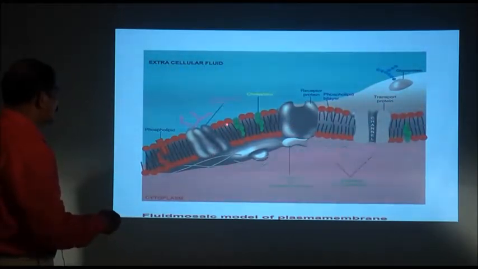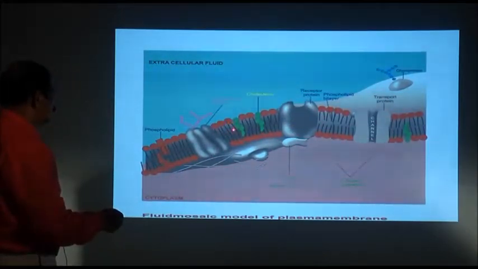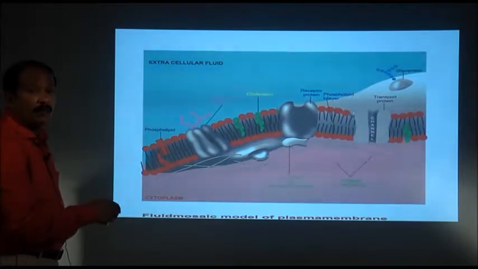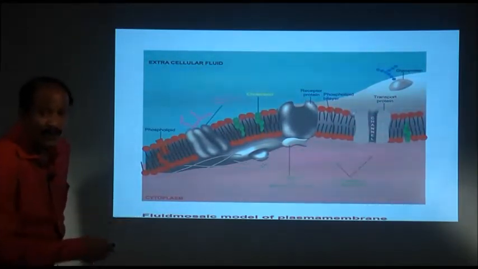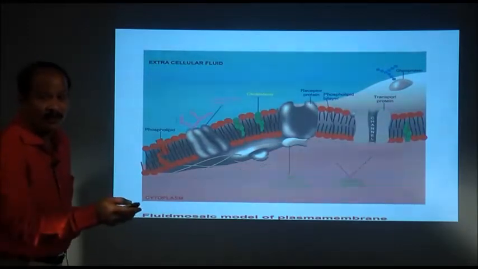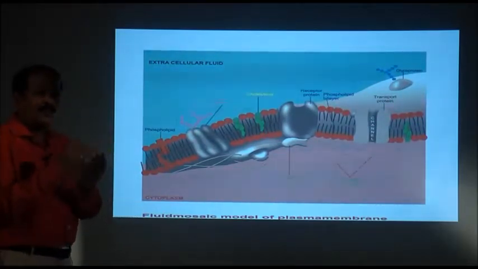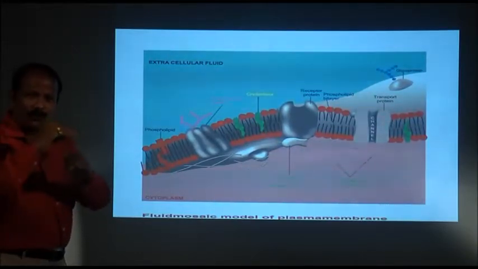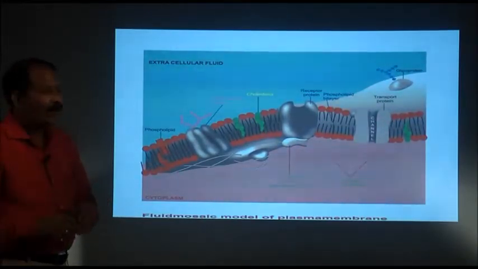Here you can see this structure is a phospholipid molecule. I told you membrane is lipid and protein. It is made of lipid and protein, but how they are organized, that is important. We have to discuss the organization of the membrane, how structurally it is and how it functions.